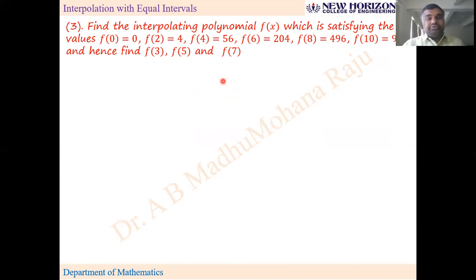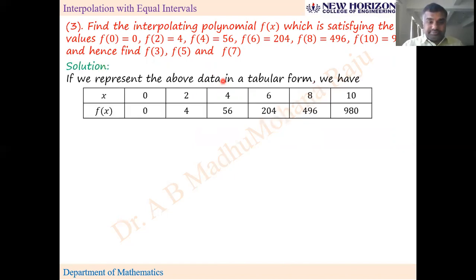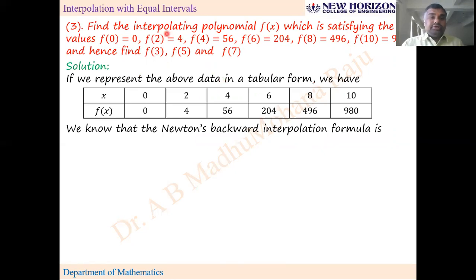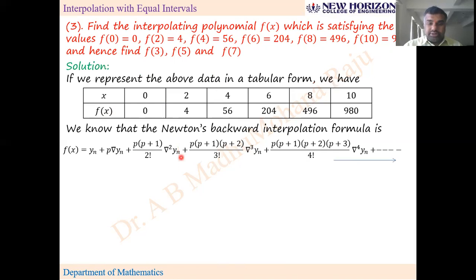Polynomial means generally we will use the forward interpolation formula only. If you list out the given data in a tabular form, x column, y column, we are using Newton's backward. For a polynomial you can use either forward or backward. Once you did with the forward, now here I am doing with the backward interpolation formula.